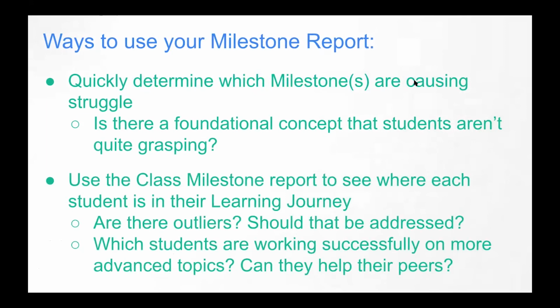You can also use the class milestone report to see where each student is in their learning journey: how many competencies they've mastered, and the denominator, which is the whole number of competencies in their learning journey. So you can see whether there are outliers, and which students are working successfully on more advanced topics. You can also identify that so you can have them help their peers.